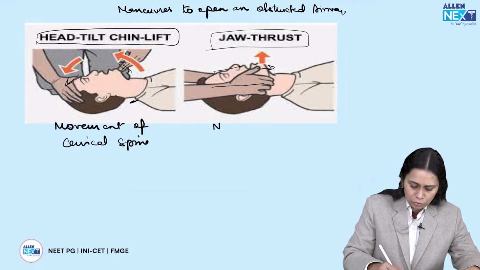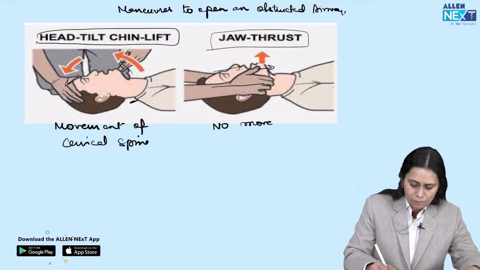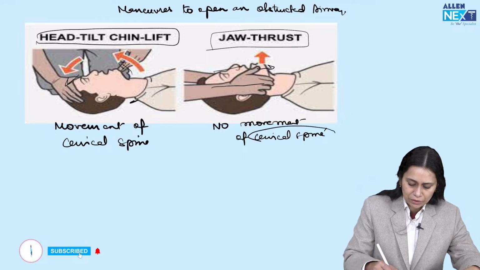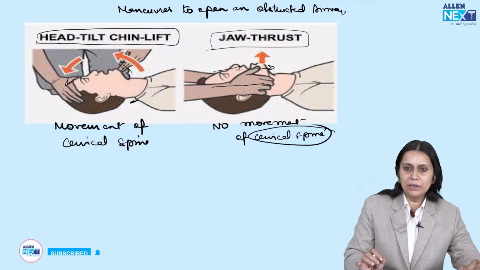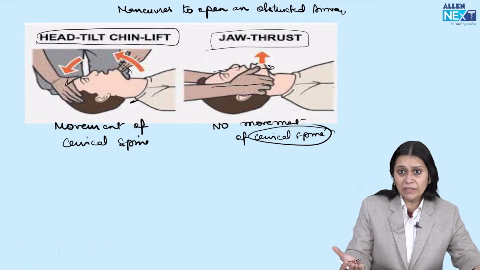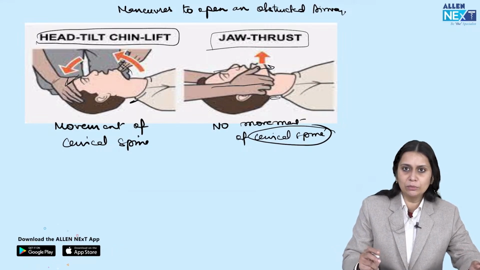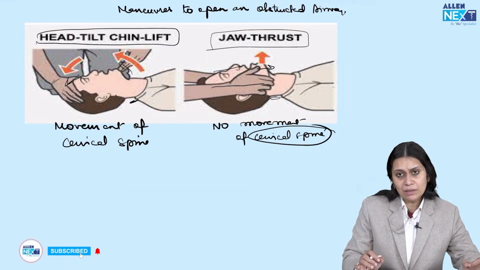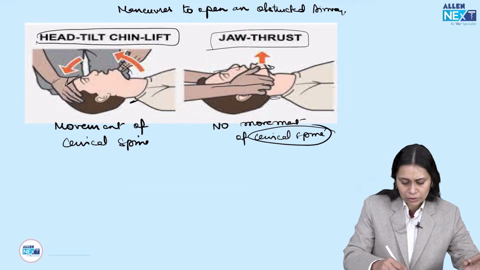So, there is no movement of cervical spine, right? So, if cervical spine injury is suspected, we don't want head and neck to move. We want a stable head and neck position, right? And when we want this, we have to go for jaw thrust maneuver.